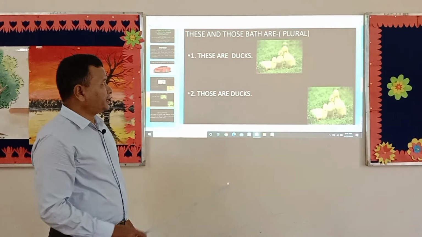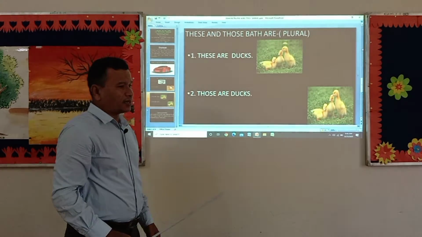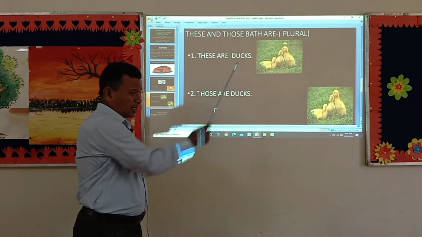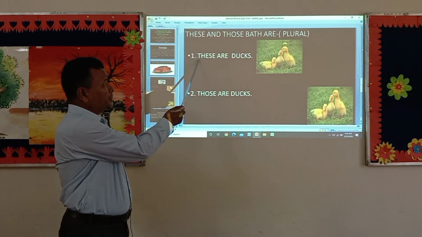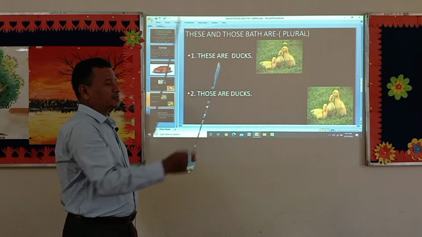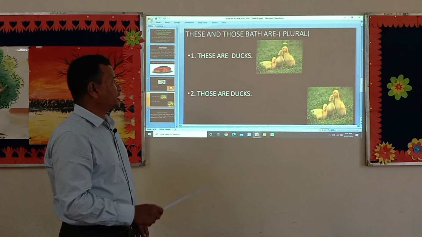This is also plural, this one also plural, but this one is closer, this one is far. So these are ducks, more than one: 3, 4, 5, or more.